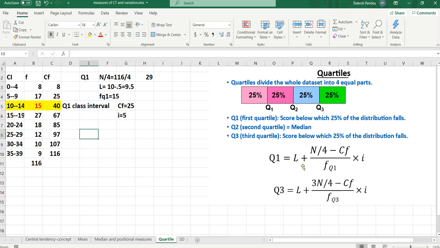Now let us put all these values. So n by 4 minus CF, n by 4 is 29 and CF is 25.